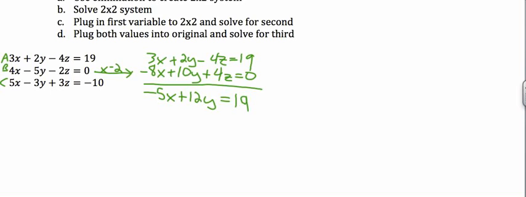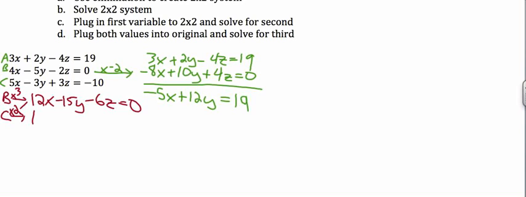I need to create now a different equation with an x and a y in it. So what I'm going to do is use B and C, and eliminate z's again. That means I need to multiply B by 3 and C by 2. So for my new B equation, I get 12x minus 15y minus 6z equals 0.